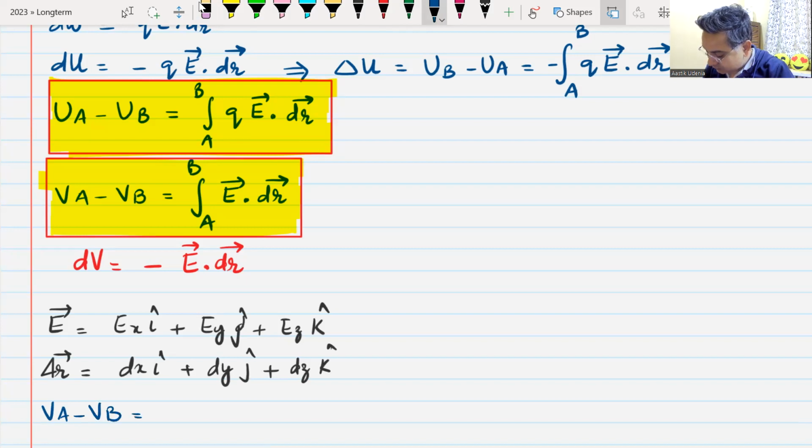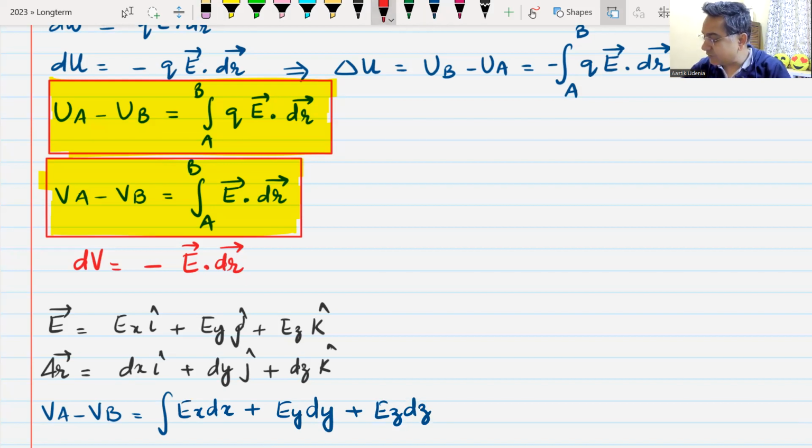Va minus Vb will be the integral of Ex dx plus Ey dy plus Ez dz. You have to take the dot product. You remember that dot product? Yes, sir.